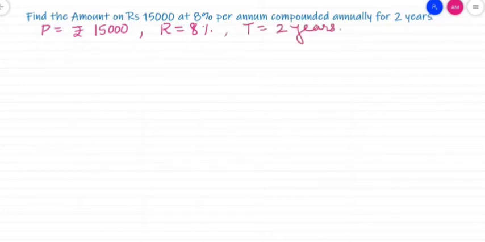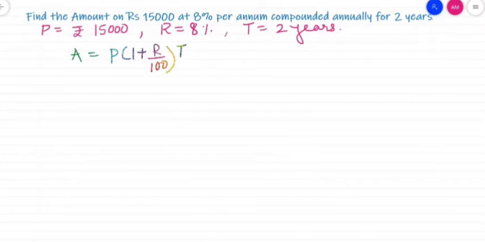Okay. Now children, we have already derived the formula to find amount. So let us see how we can arrive at the answer. Now what was our formula? A is equal to P into 1 plus R by 100 to the power T. This was the formula.